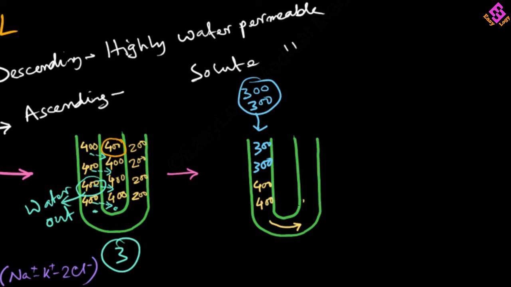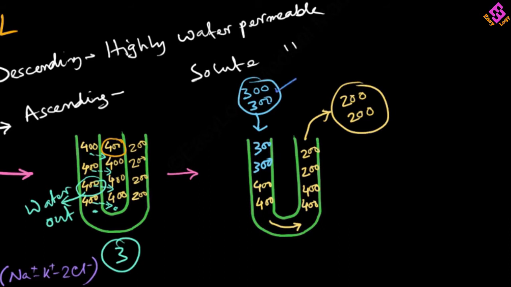400, 400, 400, 400, and the previously present 200, 200, and the rest 200 and 200 fluid will be getting out of the system.